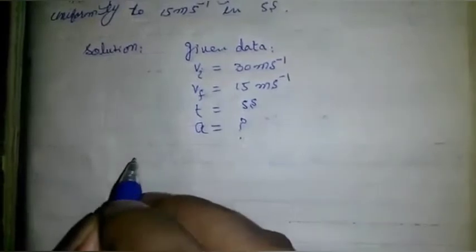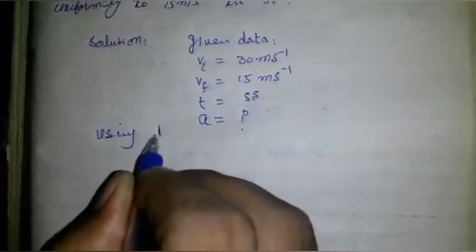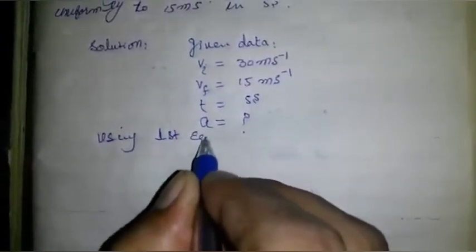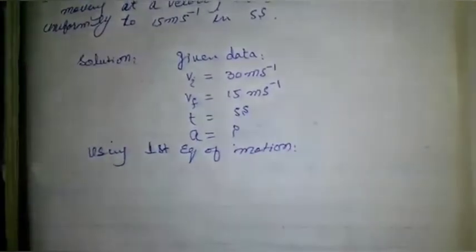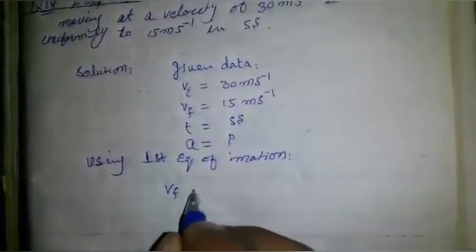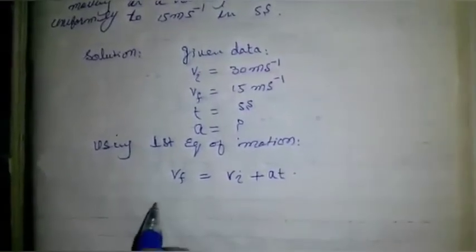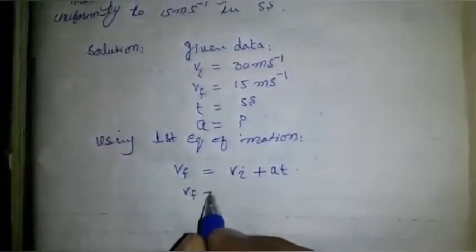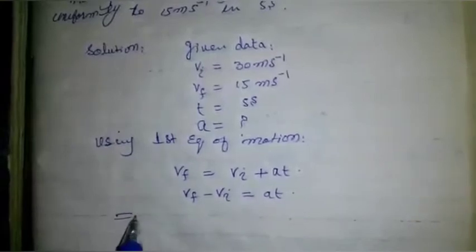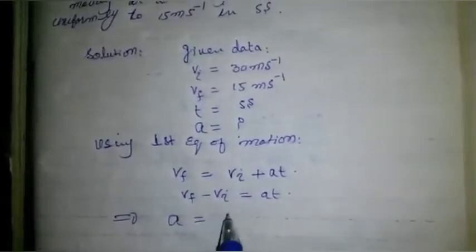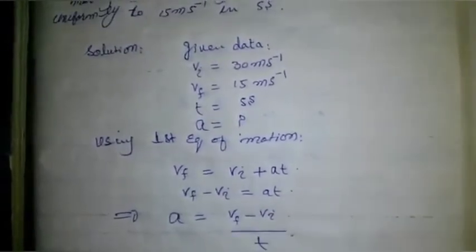Now using the first equation of motion, Vf is equal to Vi plus at, or Vf minus Vi is equal to at. This implies a is equal to Vf minus Vi over t.